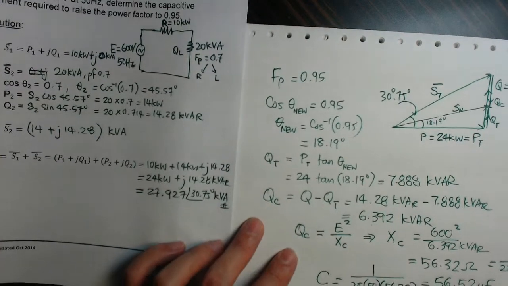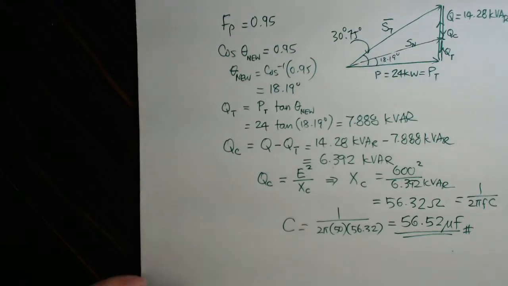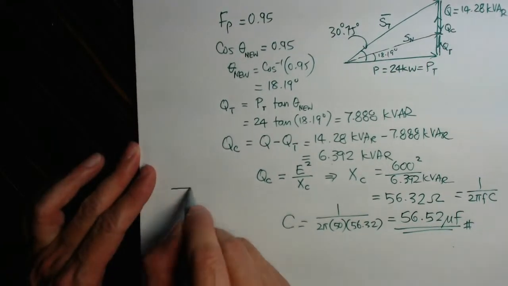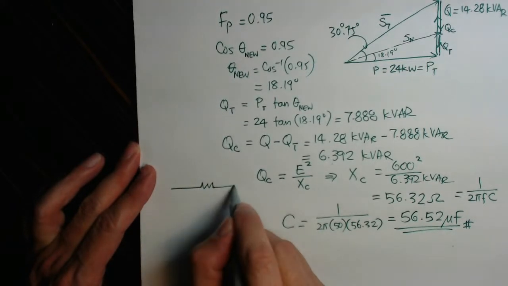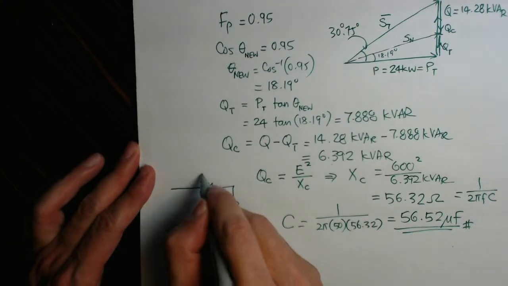Okay, so this is the capacitor I need to add to the circuit so that I can improve the total power factor. Remember, we had a resistor like this and the inductor.